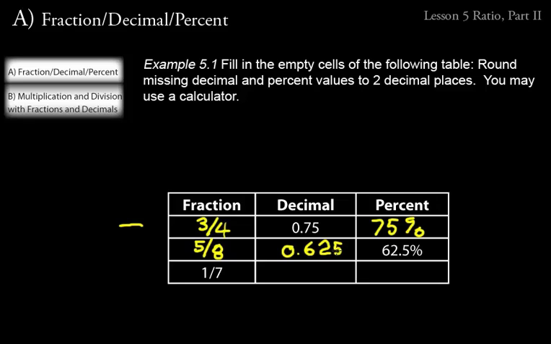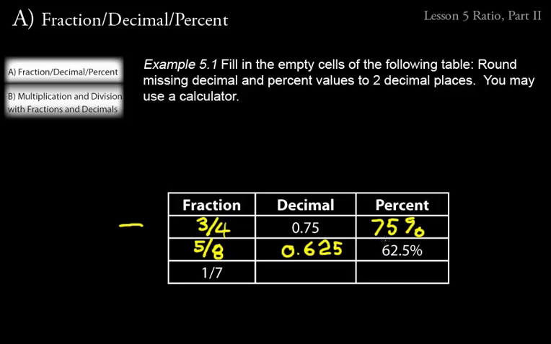There's other ways to think about this too. Like you look at the 62.5% and you should know, well, that's saying 62.5 hundredths, which means over 100, or move the decimal over 2 places and you get 0.625.